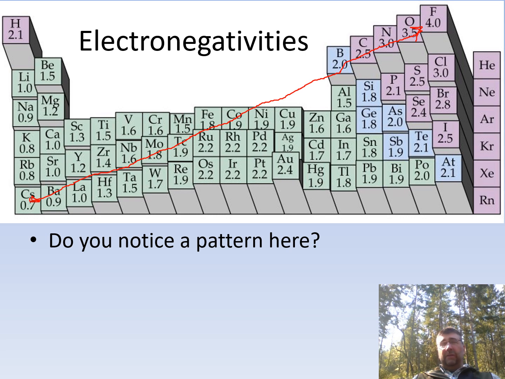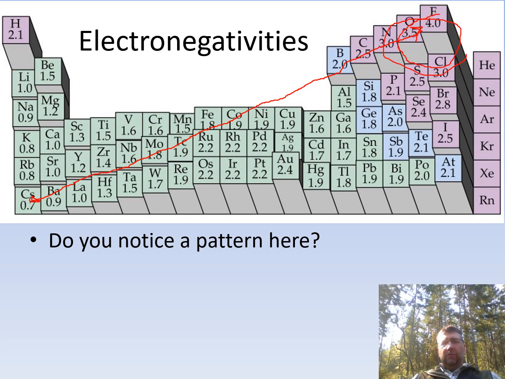And the closer the nucleus is to the electrons, the stronger the pull that nucleus will have. So the atoms up here in this corner have the highest electronegativities. Now, you may note that the noble gases have small atoms, but they have 0 electronegativity. And that's because they can't make chemical bonds.